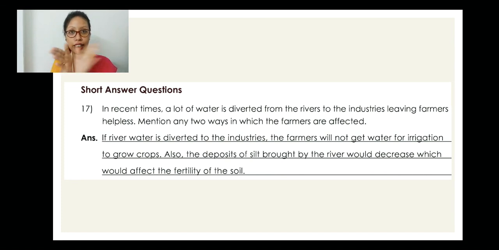As most of the water is consumed by the industries, there will be fewer nutrients, the fertility of the soil will be less and the cultivation will be less. That's why we need to preserve the rivers very well.